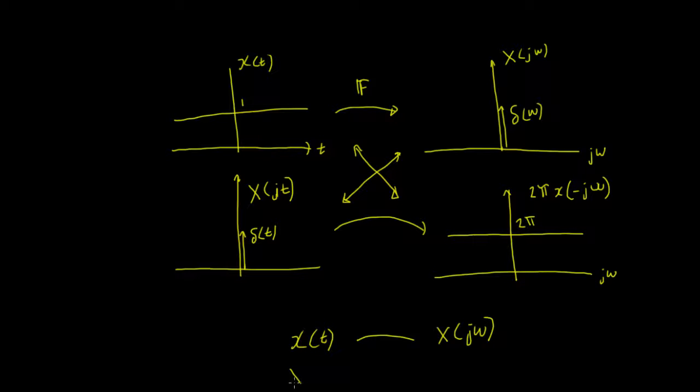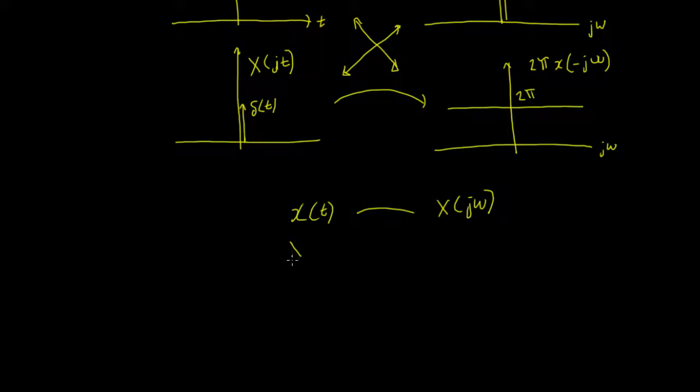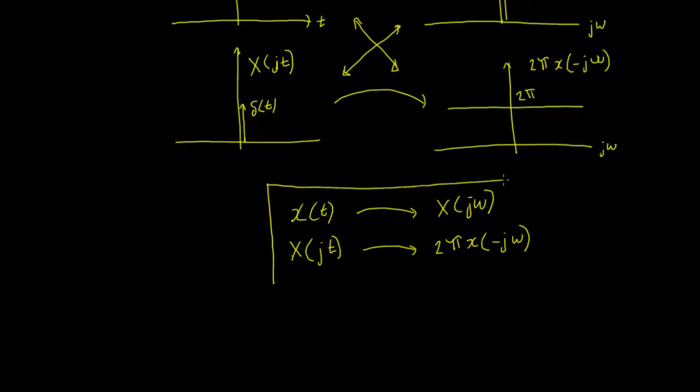We then take our x of j omega back into the time domain, so it becomes x of jt, and that then gives us a Fourier transform which is a scaled version of the original transform multiplied by -1 in the omega axis. So that there is the statement of the duality of the Fourier transform.